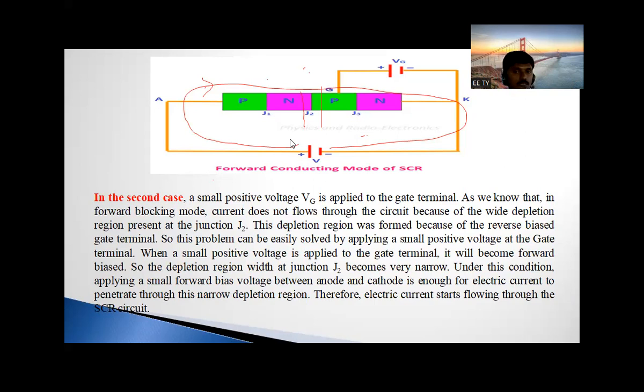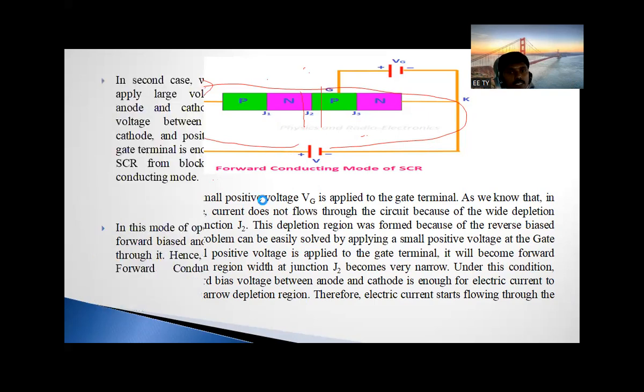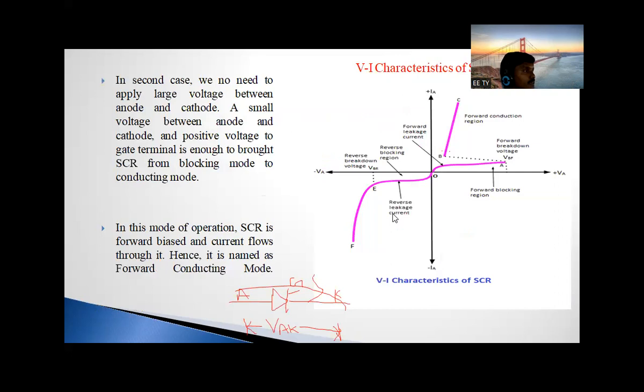Clear? Okay. So this is the operating modes of the SCR and this is the reason. VI characteristics of SCR. This is a very important question. Explain the VI characteristics of SCR. Draw and explain the VI characteristics.